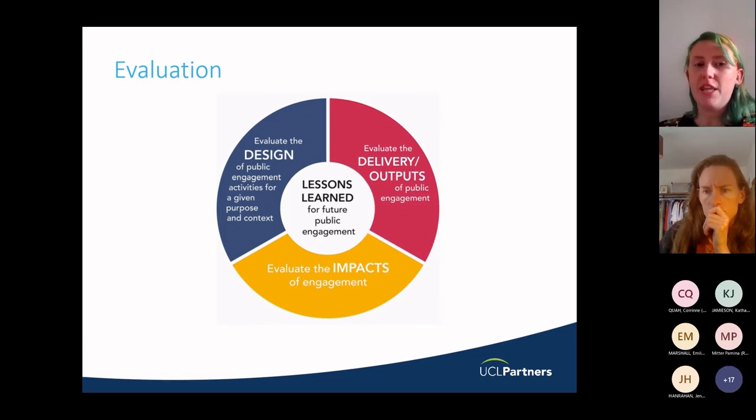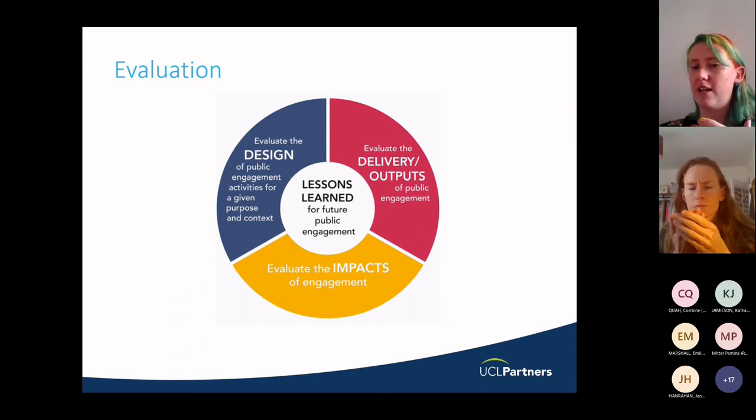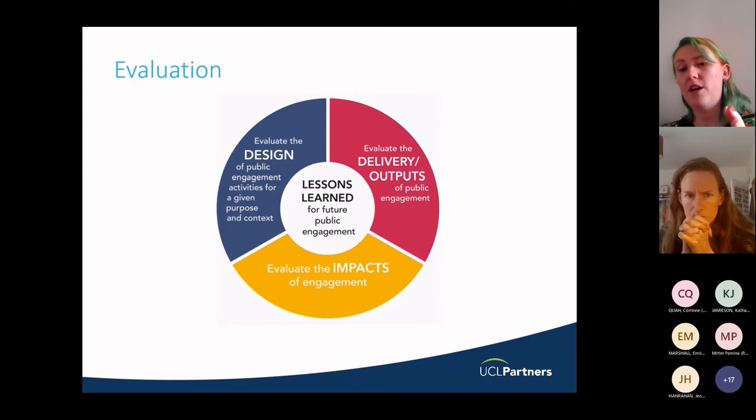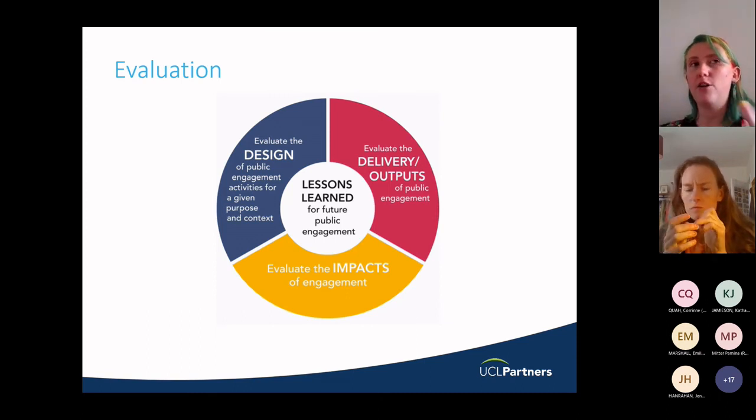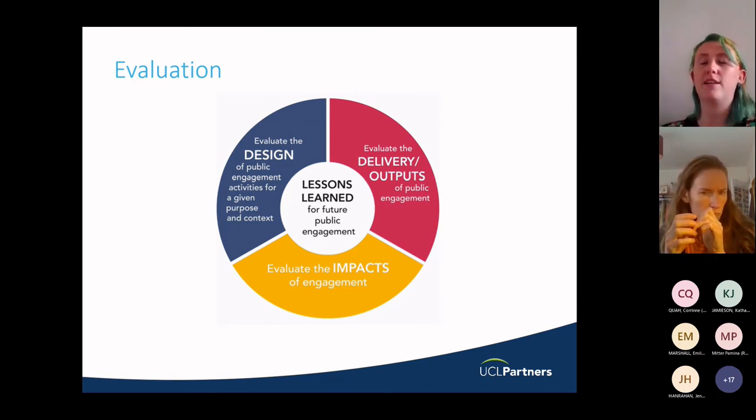The next way you can evaluate things is evaluating that delivery and outputs. So that's thinking very much about, did I achieve what I said I was going to achieve? So if I said I wanted to get a new simulation that was more realistic to the patient voice, did we achieve that?